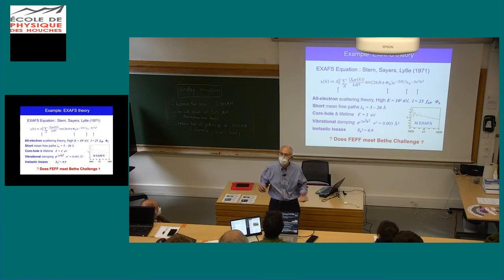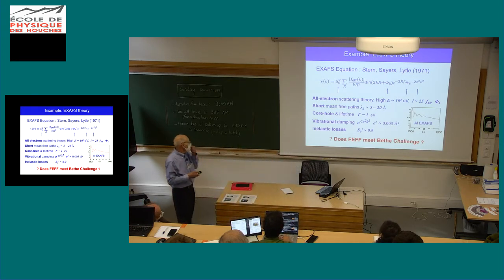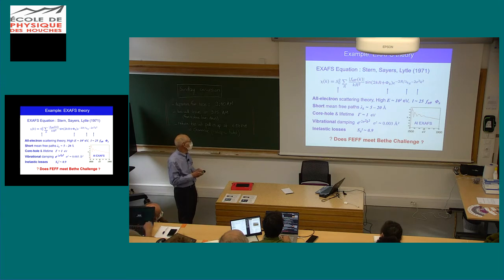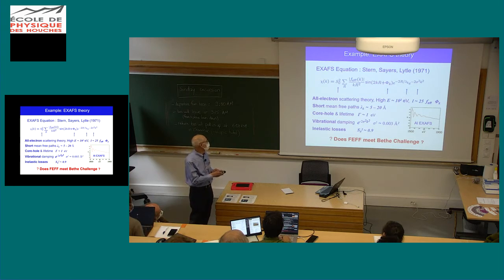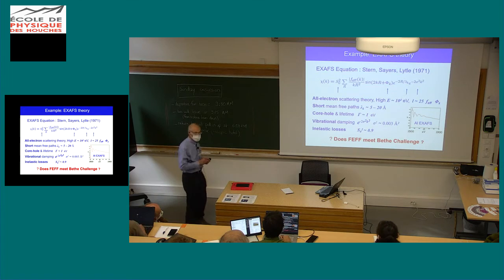The core hole doesn't last forever. And this gives an additional broadening because of the delta E delta T equals H bar uncertainty principle. Okay, vibrational damping, every path has to be damped. And finally, we put in a fudge factor for the S0 squared. All right, push the button.